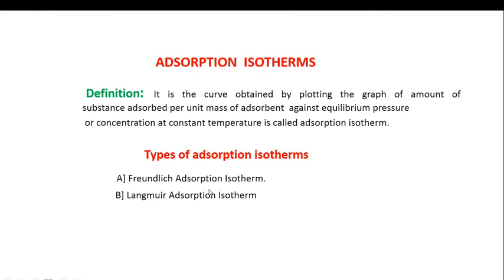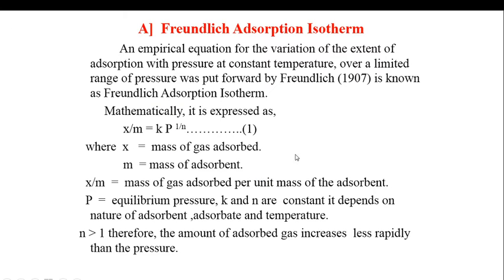Today we first discuss the Freundlich adsorption isotherm. It is an empirical equation for the variation of the extent of adsorption with pressure at constant temperature over a limited range of pressure.